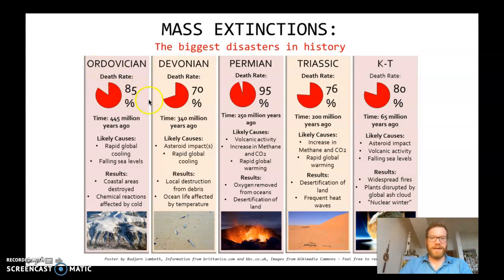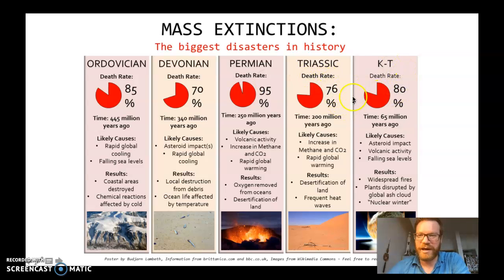What we've got is, I'm going to mess these words up, but here we go. The Ordovician, where 85% of things that were alive died. The Devonian, 70%. Permian, 95% of things that were alive died.